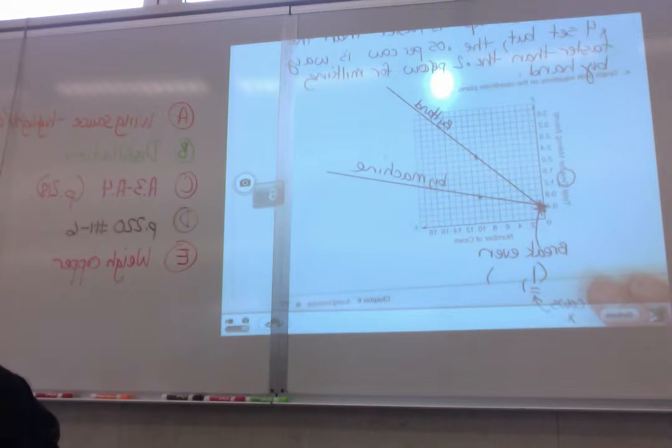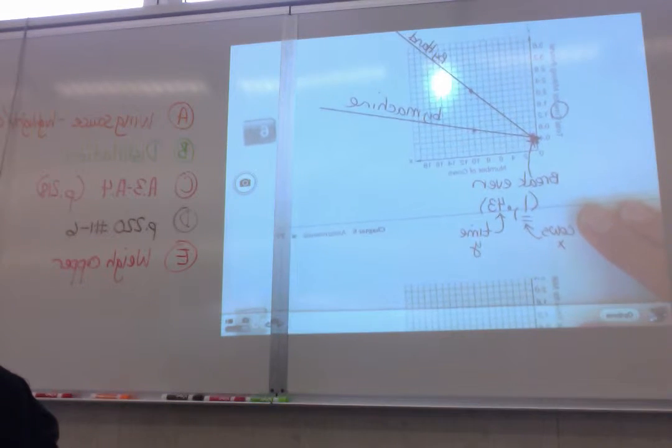Is it above 0.4 or below 0.4? Look at your eyeballs. You think it's just above 0.4? Just above. This is the time in hours, and it's the y-coordinate.